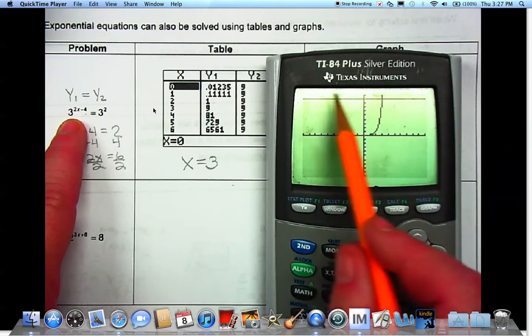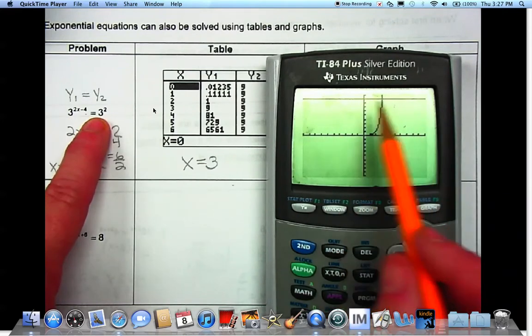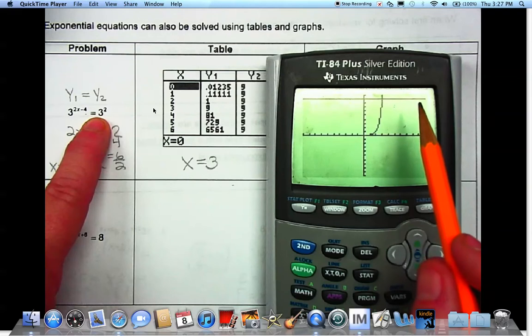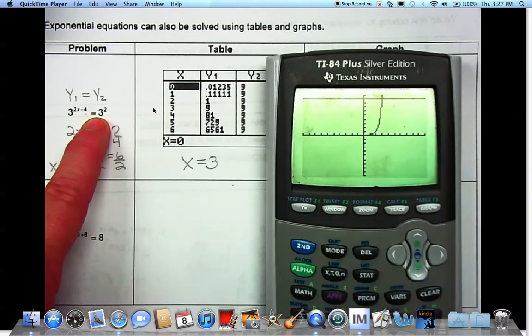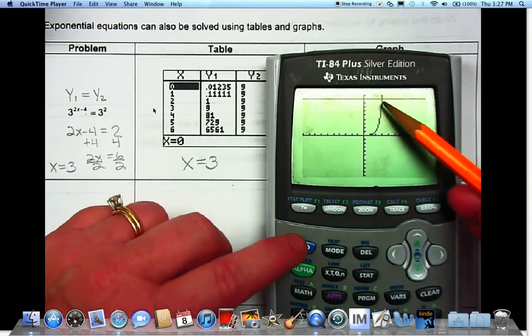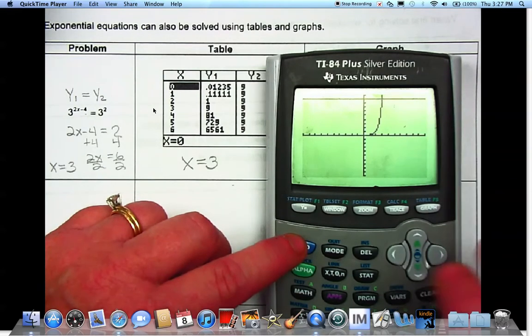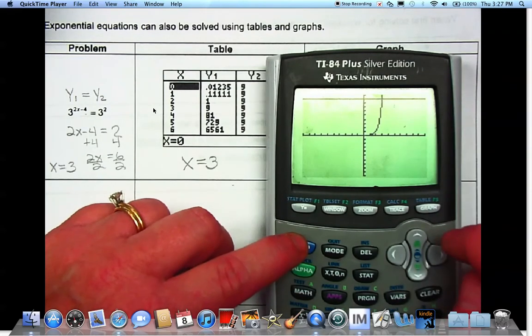This line up here is what? That's Y2, and what is 3 squared? 9, so it's going right through 9. To find what they have in common, what do you do? You're trying to find where they're the same, so you're trying to find the intersection. Do you remember how to find intersection?